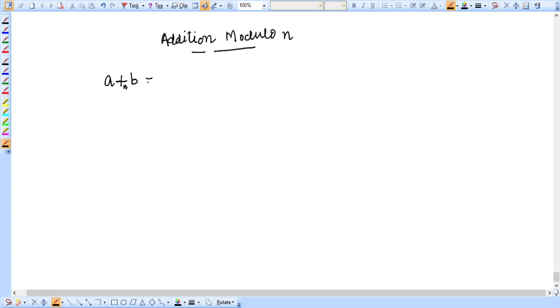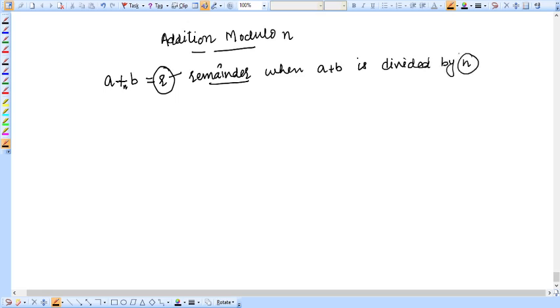And it is equal to r, where r is the non-negative remainder when a plus b is divided by n, right?